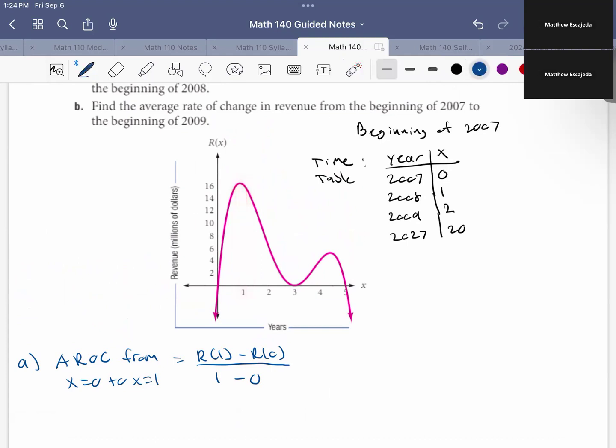So r of 1 becomes 16. And now what's r of 0? That's just right there, and that's 0. So this becomes 16 minus 0 over 1 minus 0, 16 over 1, and that's just 16.